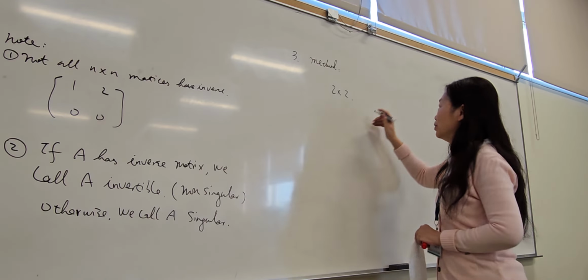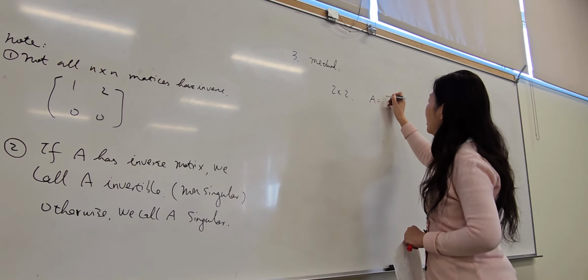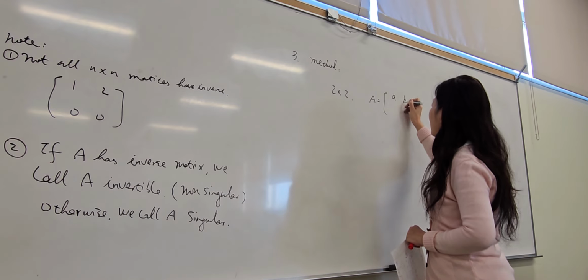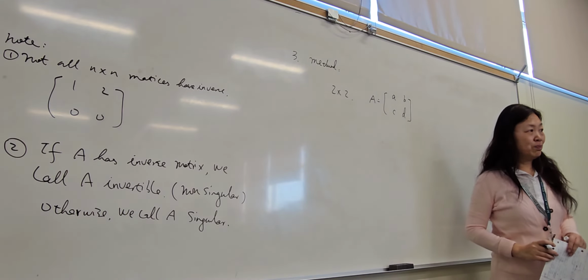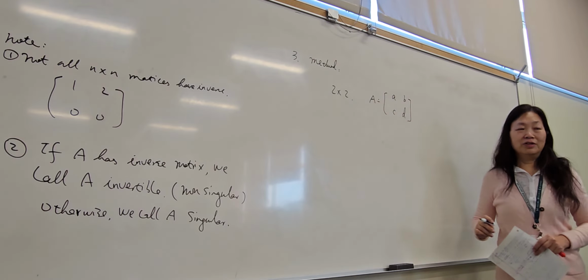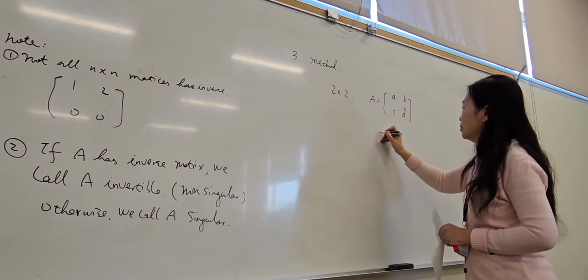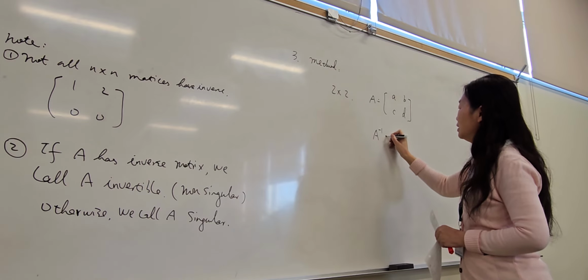So let's say matrix A is equal to [a b; c d]. 2 by 2 is easy. You guys probably learned about 2 by 2 in your previous class.